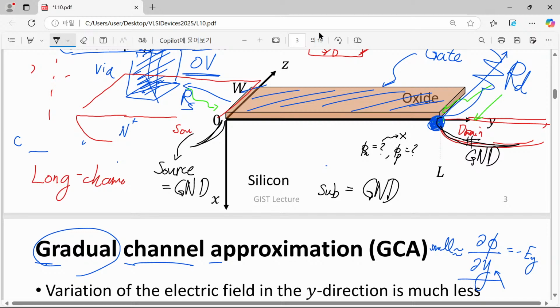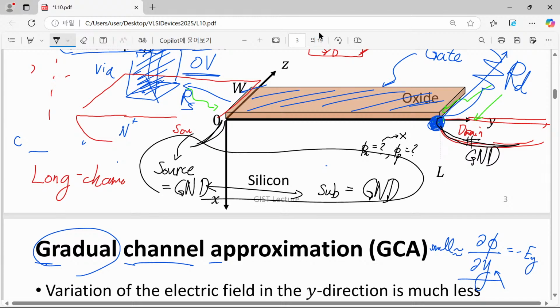Maybe it is really difficult to answer, because now there are two contradictory conditions. These two say that the quasi-Fermi potential should be 0 volt, and this drain says no, we need to set the quasi-Fermi potentials to, for example, 1 volt instead of 0.